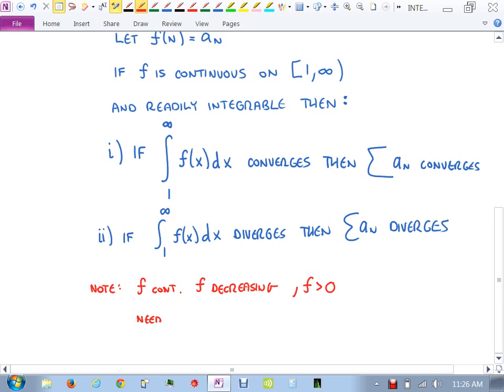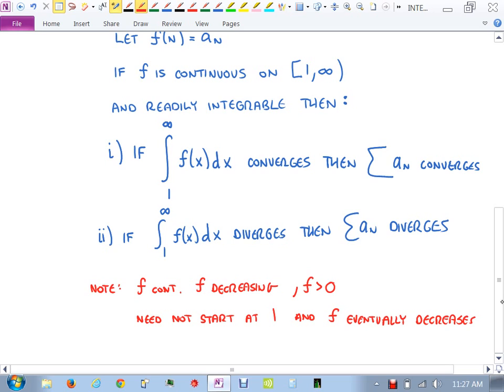You need not start at 1 and f eventually decreases. So I'm kind of stating some of the things from before. See, if the sequence is always positive, then the function needs to always be positive also. That's what that last thing says. If the sequence is decreasing eventually, then the function should decrease eventually, and then f must be continuous. All right?